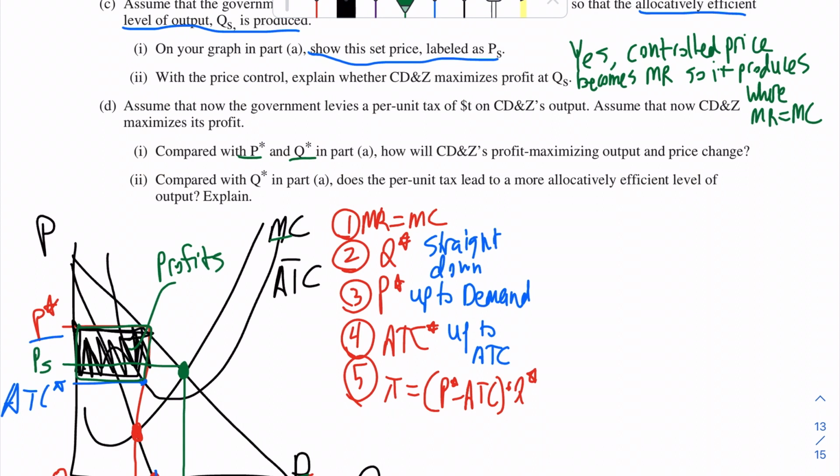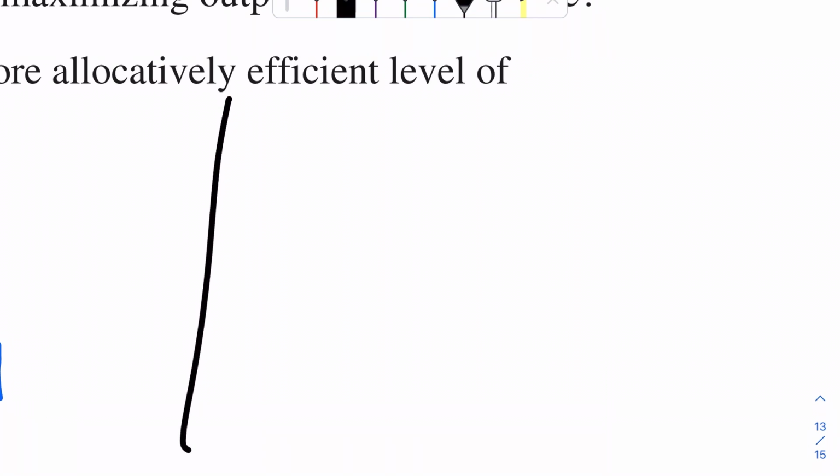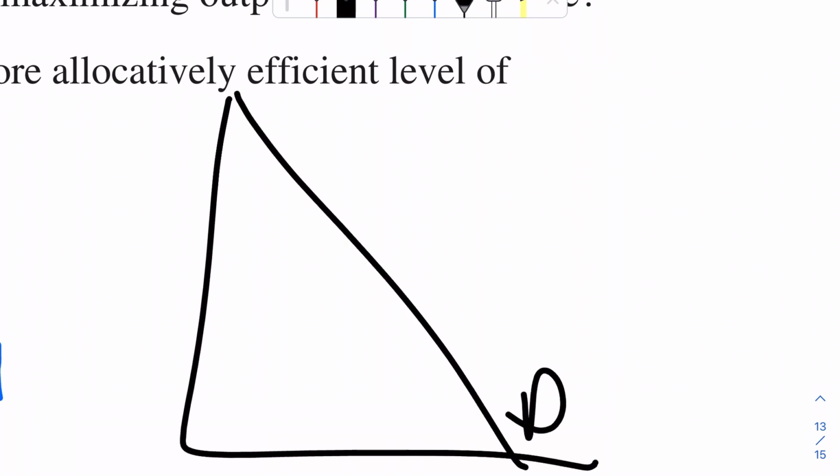So anytime we have a tax, what's going to happen to price? Price will go up, quantity will go down. Now, you do not have to draw this on the graph because it didn't say that, but if you are confused about why that's happening, let me show you. So that's demand, marginal revenue, marginal cost.